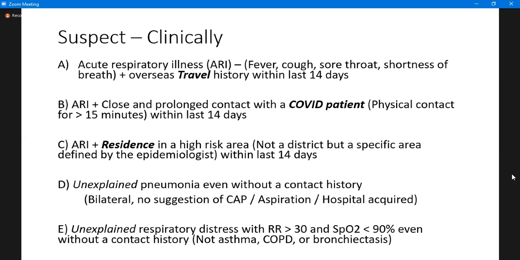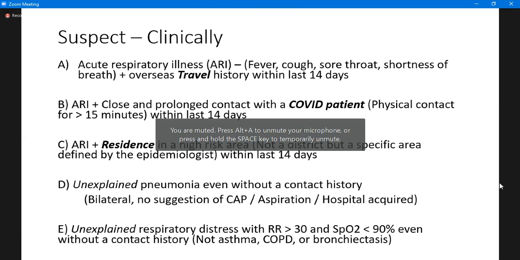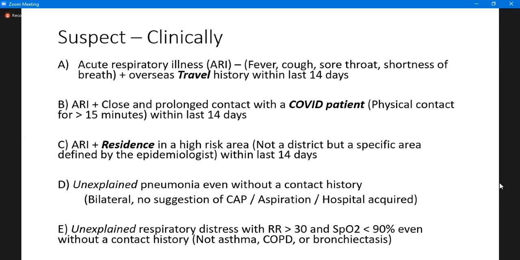That is 99% of the time community acquired pneumonia. And if you treat that patient as COVID-19, that patient will die. So we need to treat the patient as a bacterial pneumonia. So important thing is there are 5 groups of patients in whom we make a clinical probable diagnosis of COVID-19 infection. I hope I have made things clear.